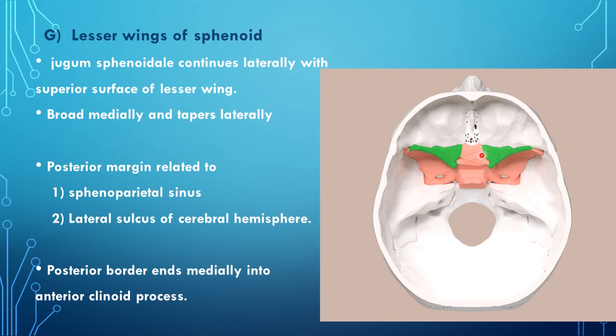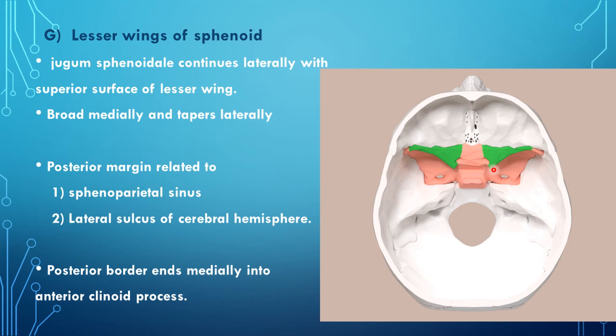We can see that it is broader medially and tapers as it goes laterally. The posterior margin of the lesser wing is related to two structures: one is the sphenoparietal sinus and the other is the lateral sulcus of cerebral hemispheres.